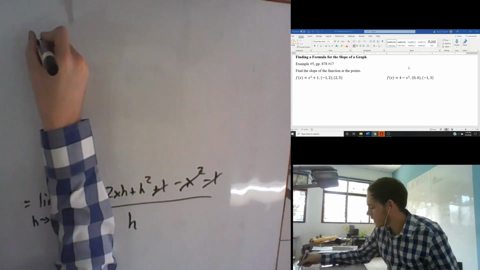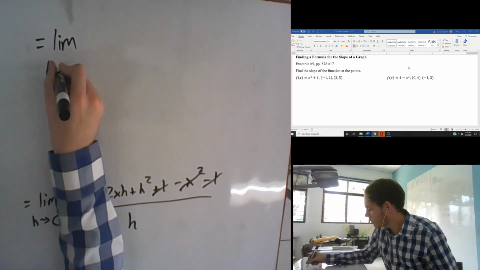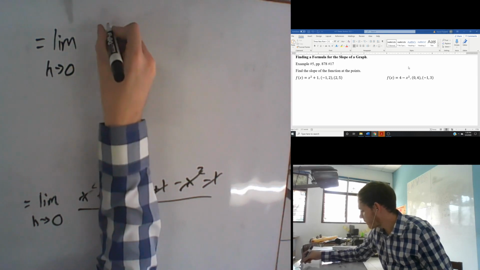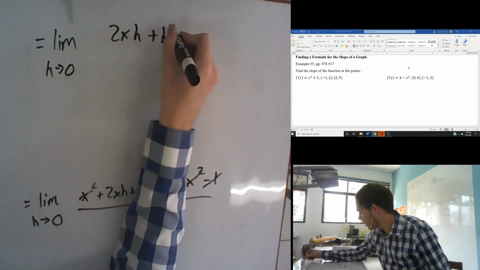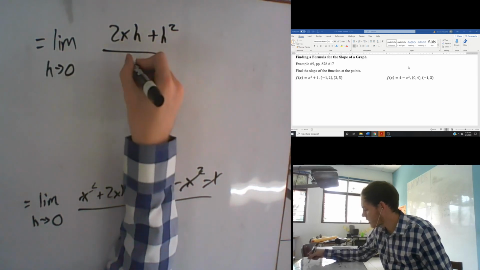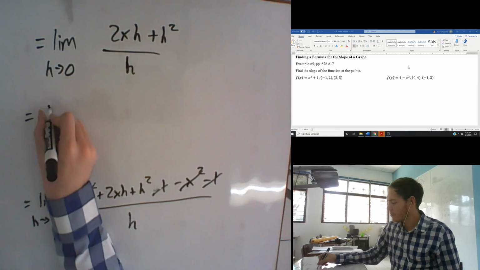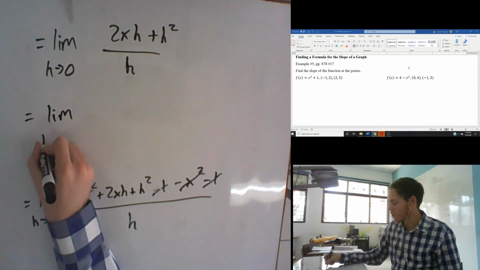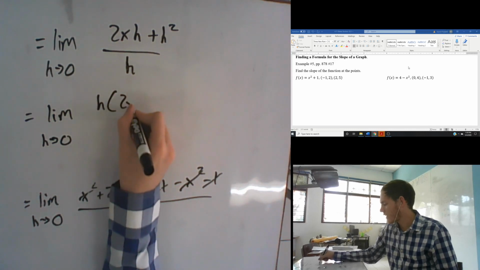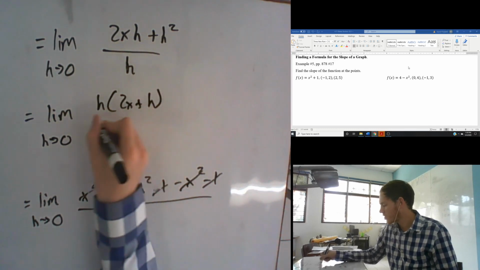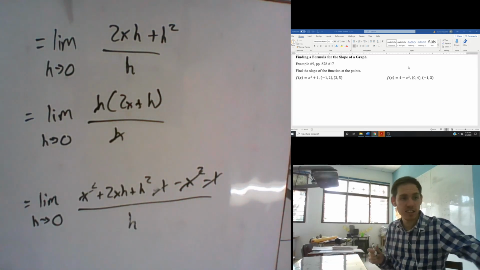So you're going to get the limit as h approaches 0 of 2xh plus h squared over h. Take notice there's an h in both terms on top, so you can factor out an h. You get h times 2x plus h, over h. Cancel the h's.